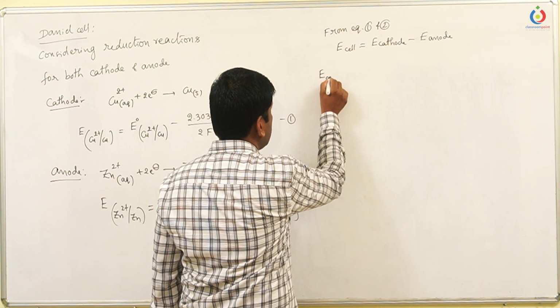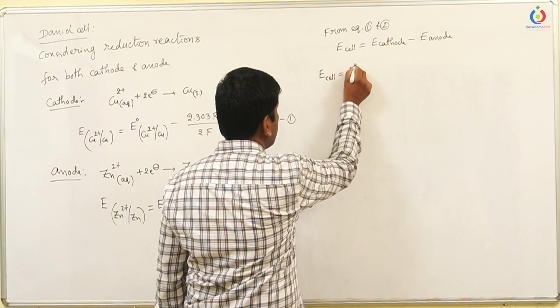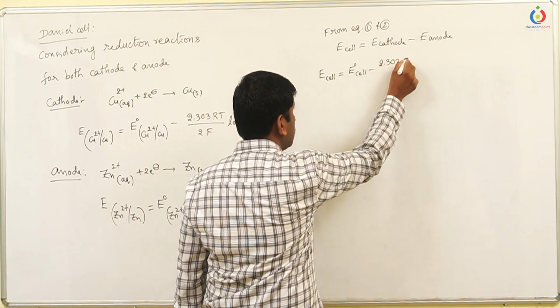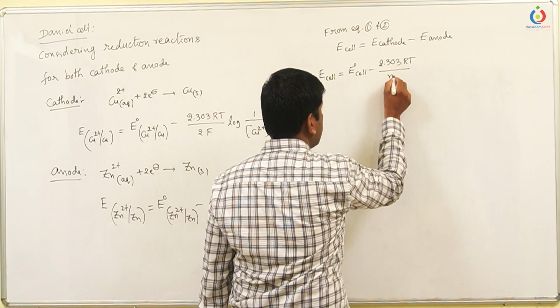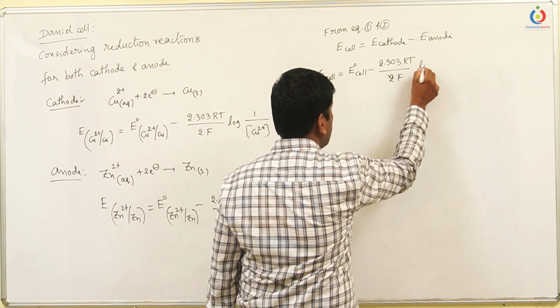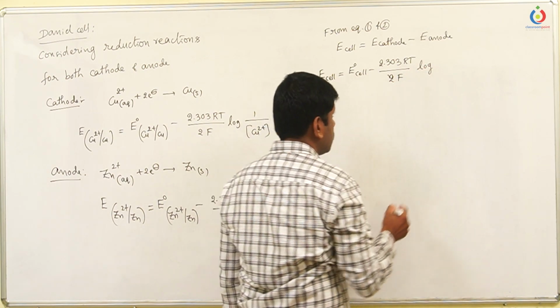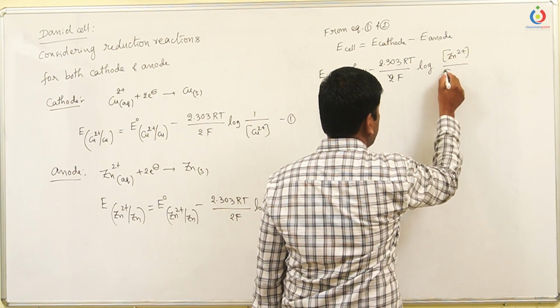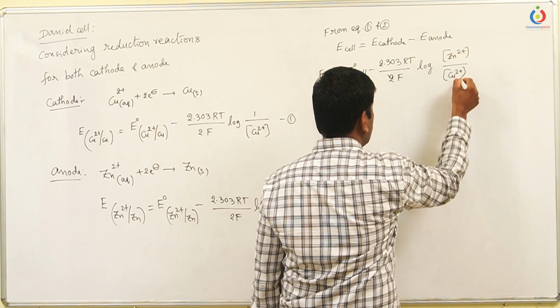So we get the equation like this. For the galvanic cell, E cell equals E naught cell minus 2.303 RT by 2F log concentration of Zn2 plus divided by concentration of Cu2 plus.